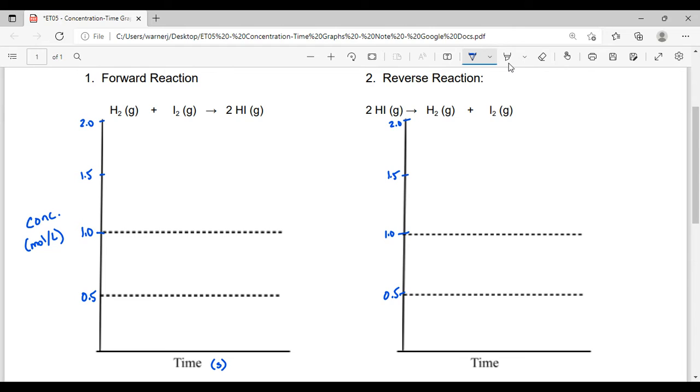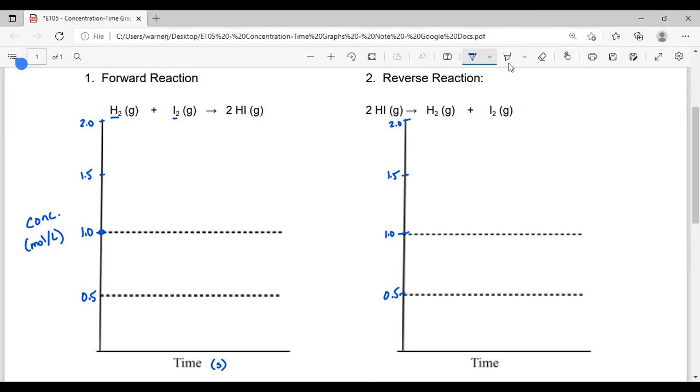So if we think about our reaction, let's say we put in H2 and I2 to start with, with an initial concentration of 1 mole per liter. So we're starting out right here. As the reaction proceeds, we're eventually going to reach some equilibrium.